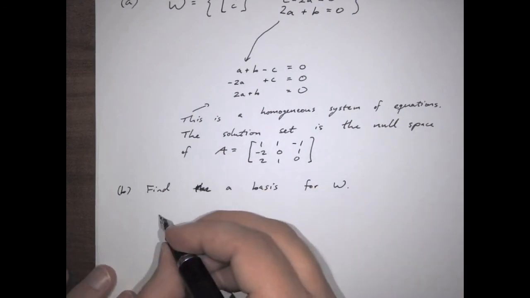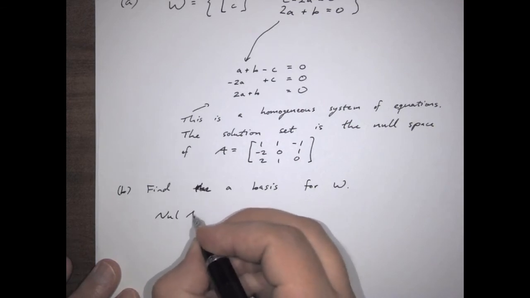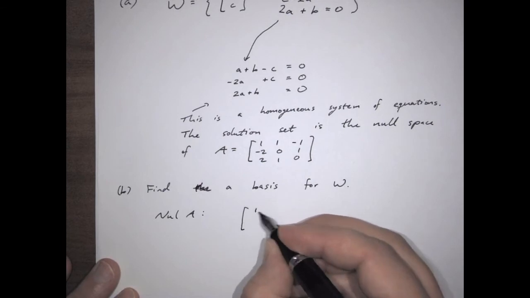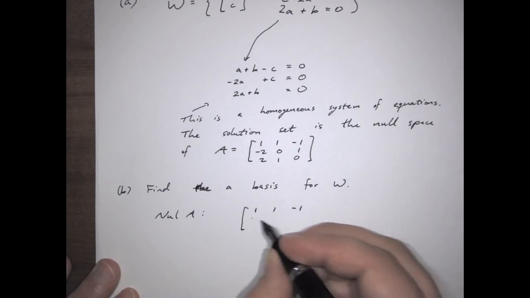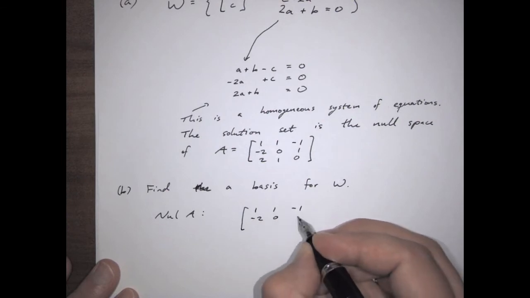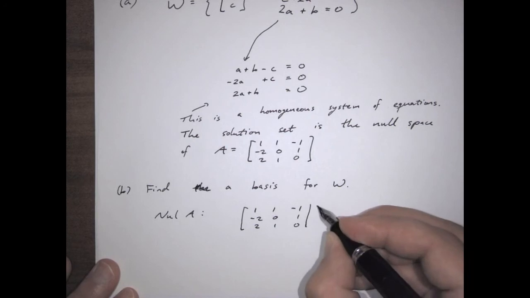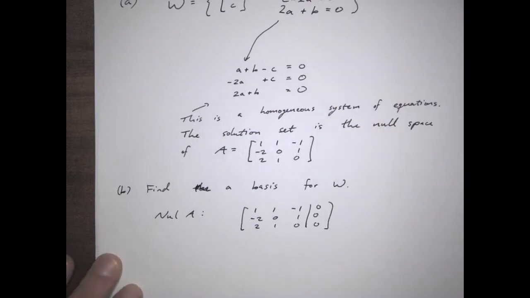So the way you find a basis for the null space of A is you set up the augmented matrix, 1, 1, negative 1; negative 2, 0, 1; 2, 1, 0, with the zeros. That represents the system of equations that we see right up here.